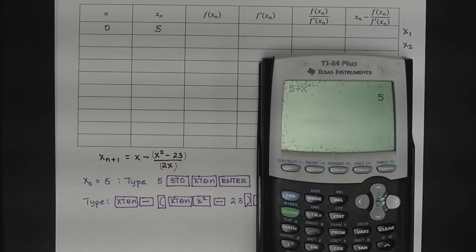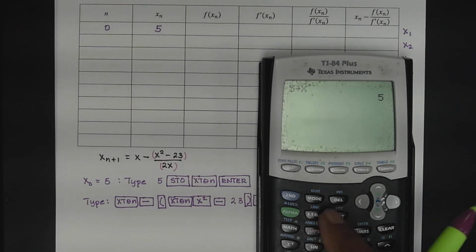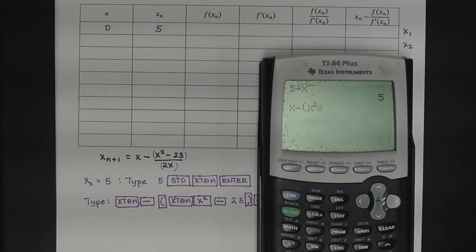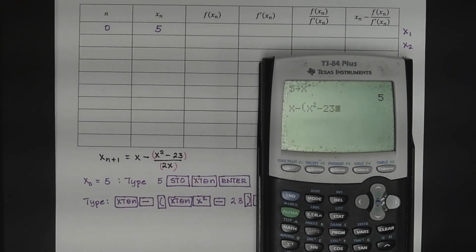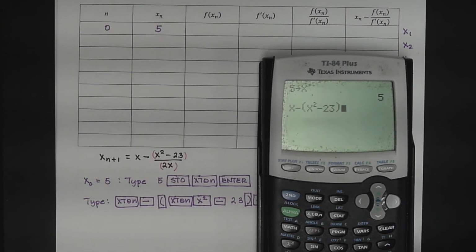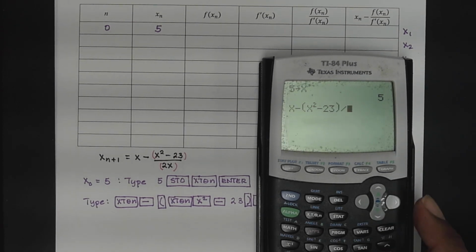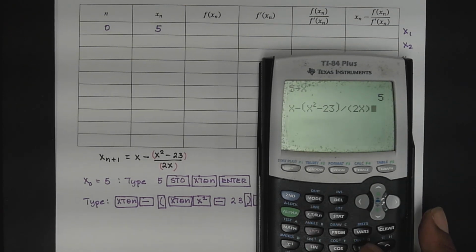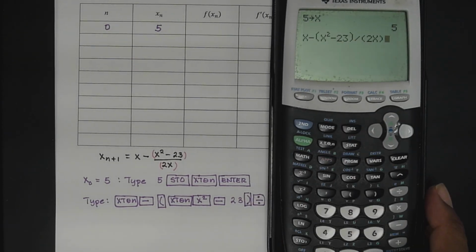Okay, so here's what we're going to do. We got 5 stored in x, so next we're going to press X,T,theta,n, and then minus, left parentheses, x squared, minus 23, close parentheses. That's going to be divided by, press the division key, and then left parentheses, type in the number 2, then X,T,theta,n for the x, close the parentheses.